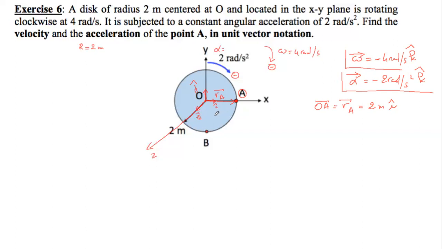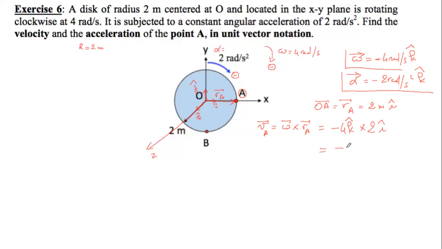Great. Now, if I want to solve my problem quickly, if I know the formulas, you know that the linear velocity at A is omega cross the position. So I take the angular velocity, which is minus 4 k hat, cross the position, which is 2 i hat.